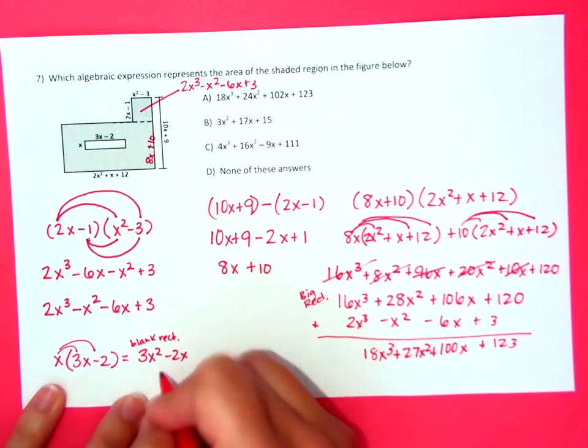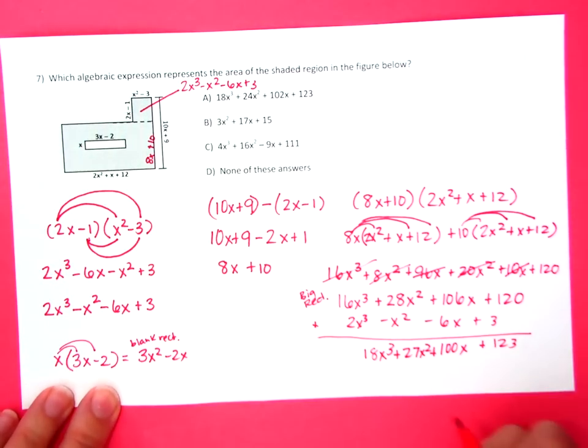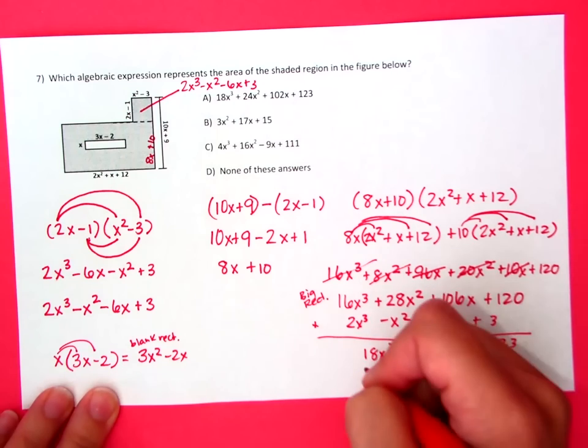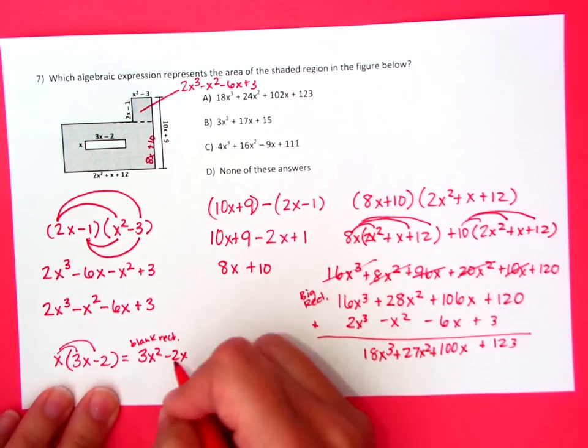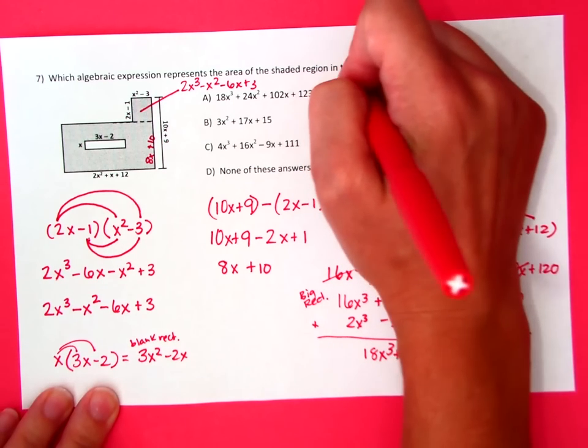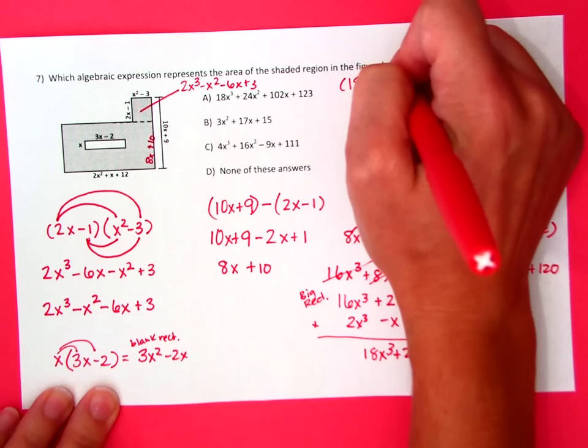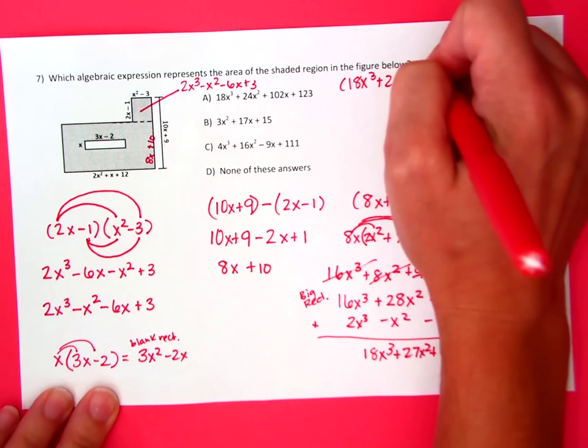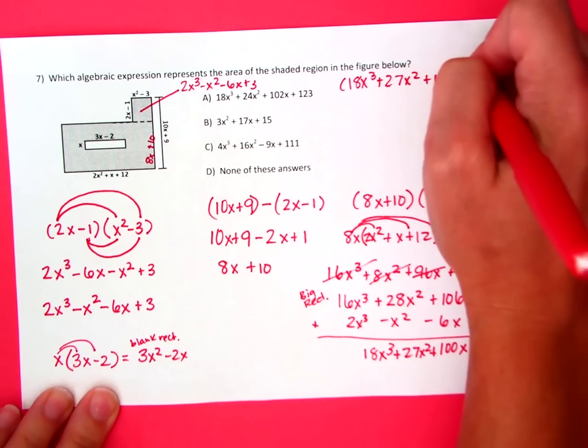So now we're going to subtract. Now, if I'm going to subtract, I'm going to show you this just so that you don't make that common mistake that students make. I'm going to take this polynomial and subtract this one. I'm running out of space, so I'm going to do it up here. But it's this polynomial of 18x cubed plus 27x squared plus 100x plus 123.